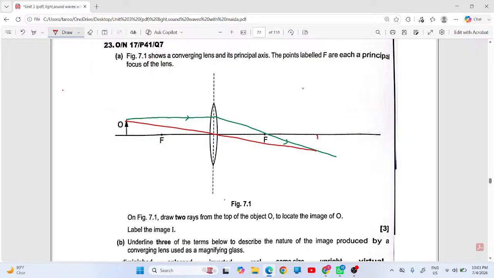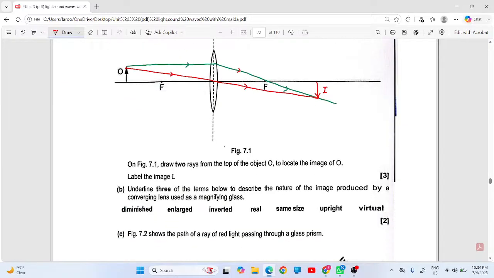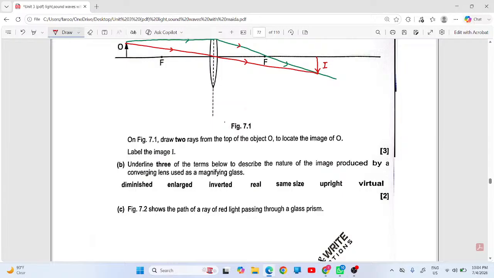So where these rays intersect, this will give you the position of the image. So this one is the image और ये इस तरह से आपके पास image आ जाएगा और object आ जाएगा. Okay, you have to use scale, line should be straight. Next is on figures, ये तो हो गया.